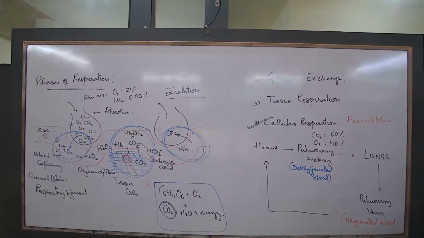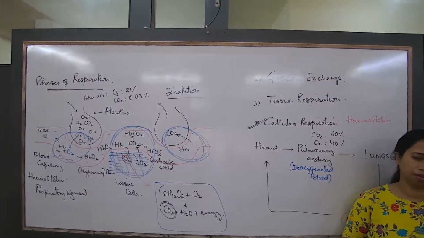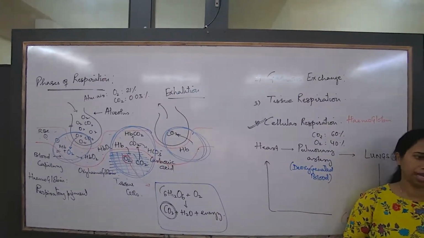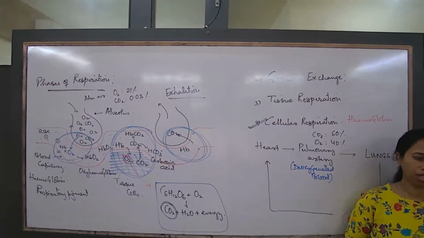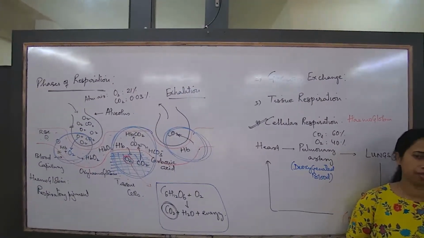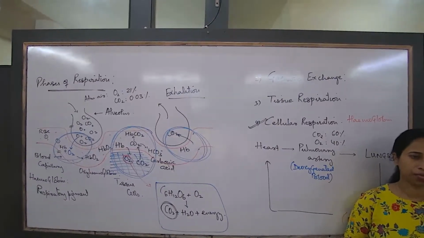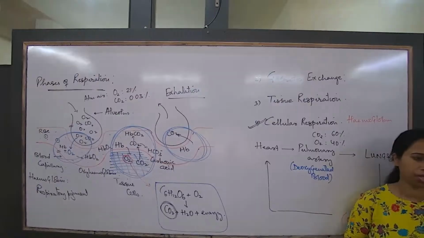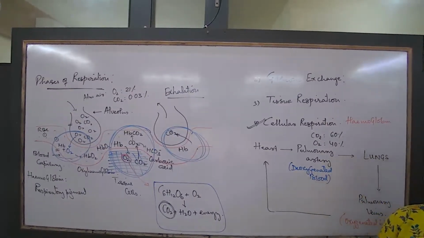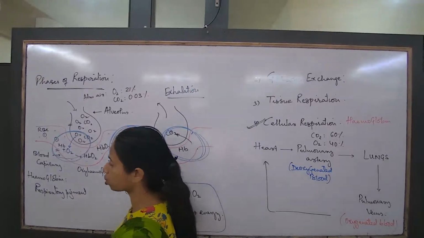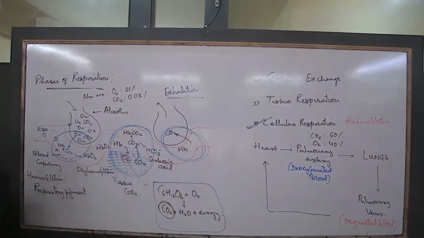Next, one line for the answer. Number 3. Explain how oxygen and carbon dioxide are transported from the lungs to the blood, from the lungs to the tissues and back.